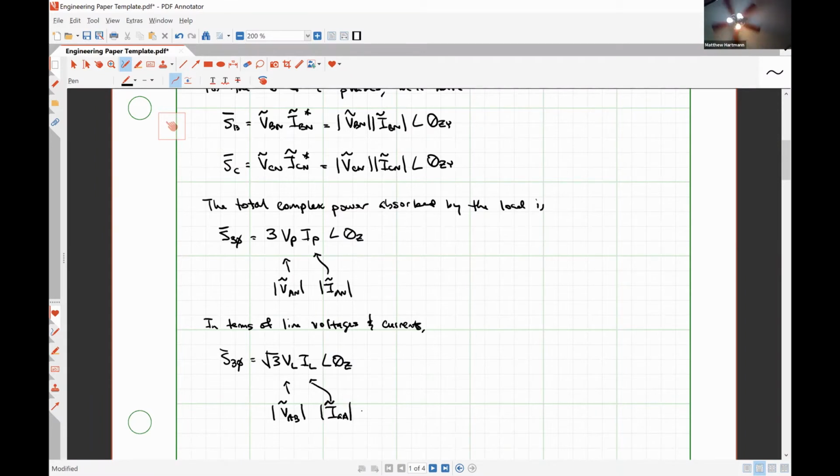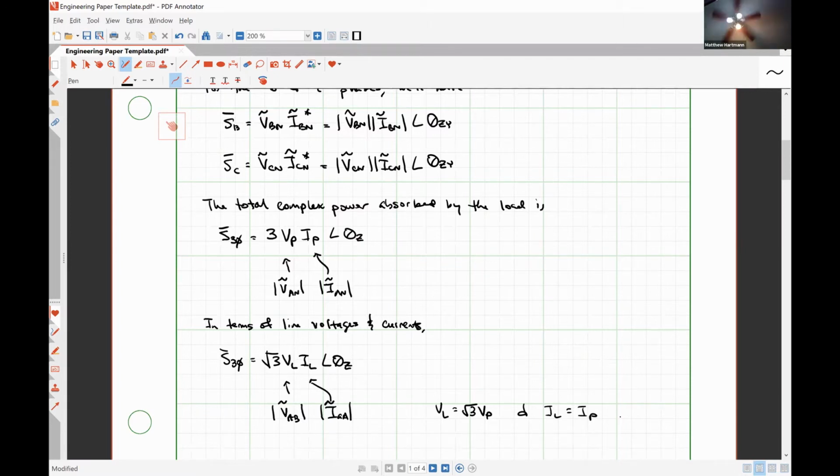And this is all because we know that VL is the square root of 3 times VP, and IL is equal to IP in a YY system.